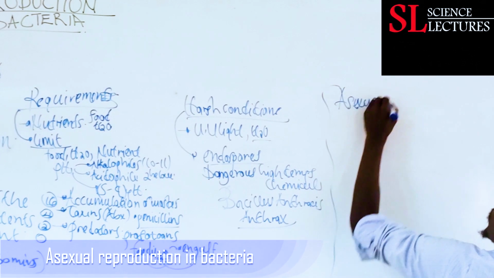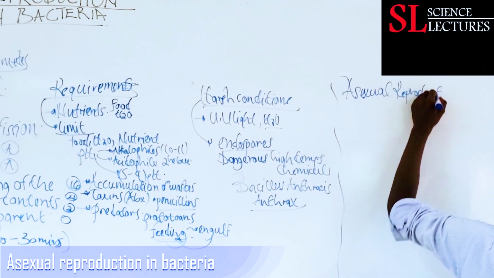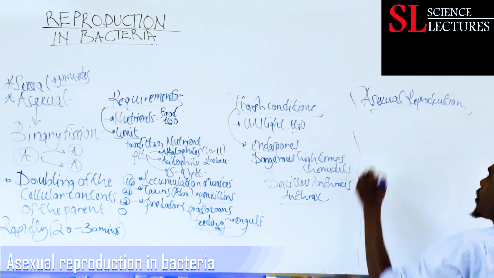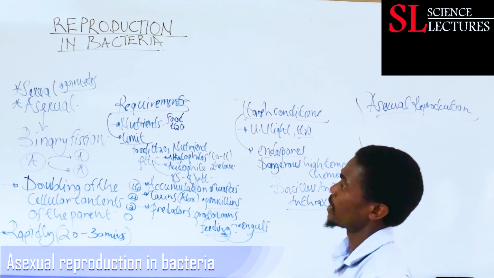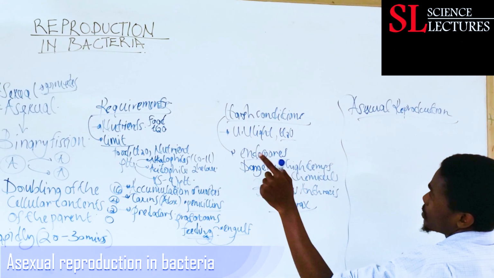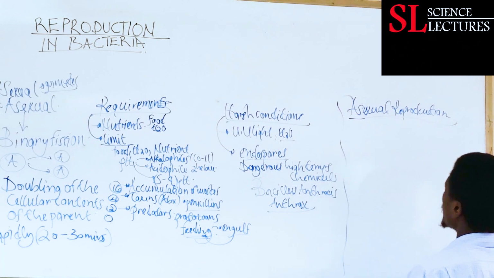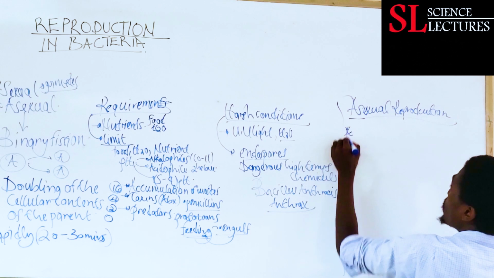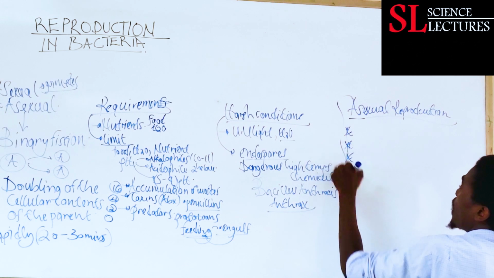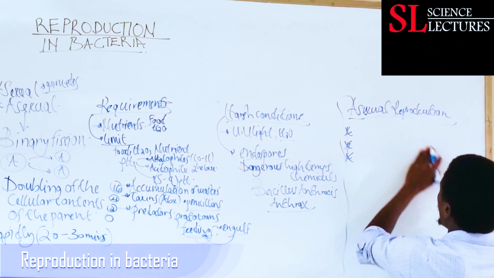In binary fission, the bacteria formed are exactly similar to the mother cell. But in the other form, we have some genetic recombination. And it is divided into three basic forms.